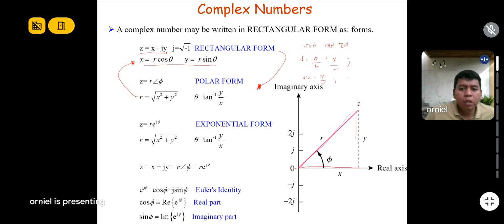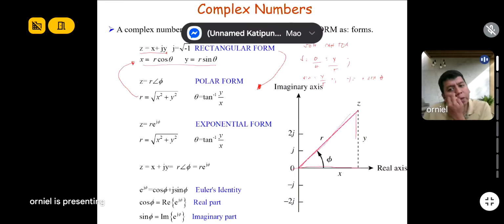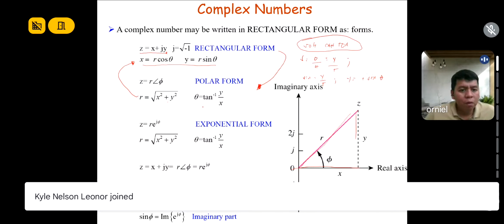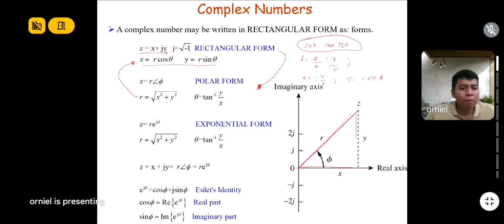So if we know the value of r, we can get y. Y is equal to r sine theta. That's why you cannot just memorize; it all comes from SOHCAHTOA, both for conversion from polar to rectangular and from rectangular to polar. Do you get it? From the conversion.